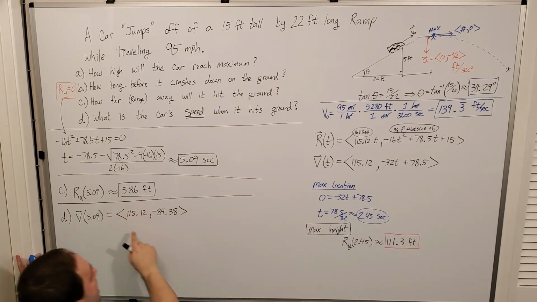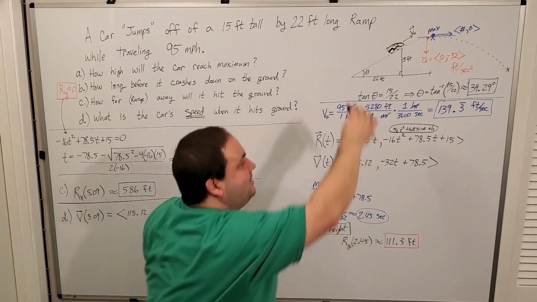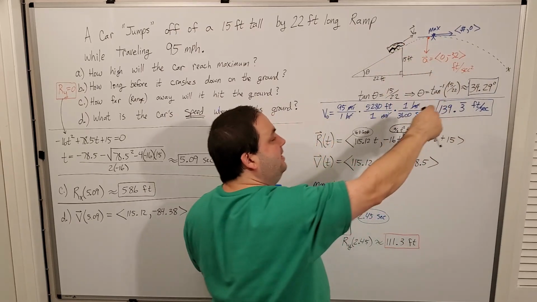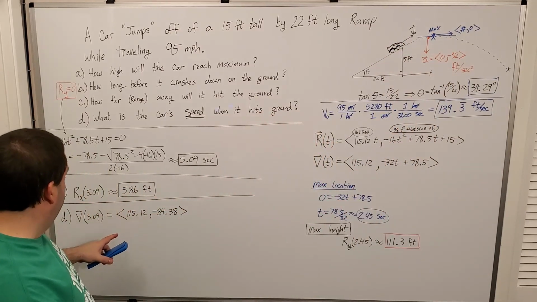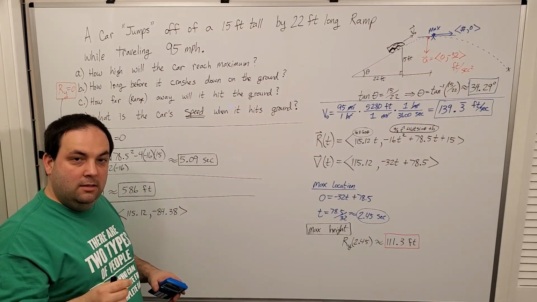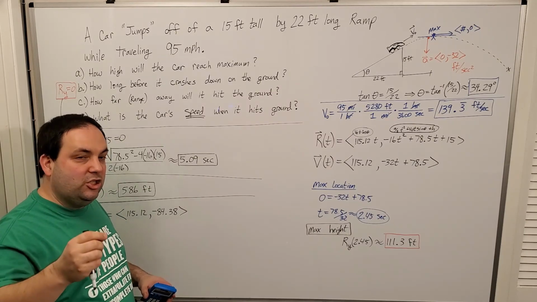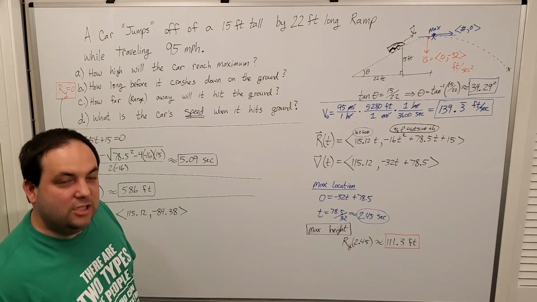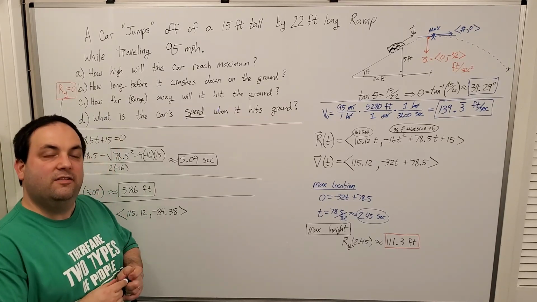So this is the velocity vector as it's coming down. So this is the way the vector is pointing, right, in the direction of this vector. But that's not the speed. Remember, the speed is the magnitude of your velocity vector. It is the magnitude of your tangent vector, your derivative vector.